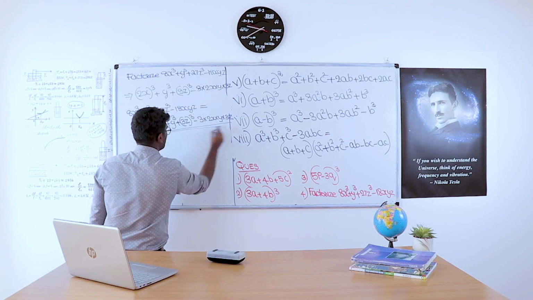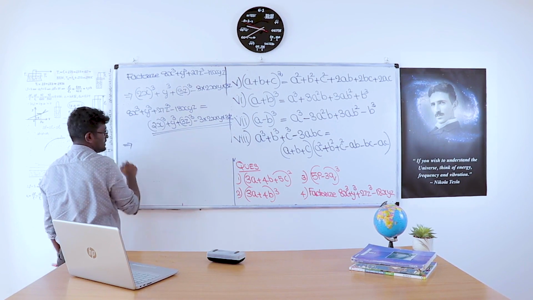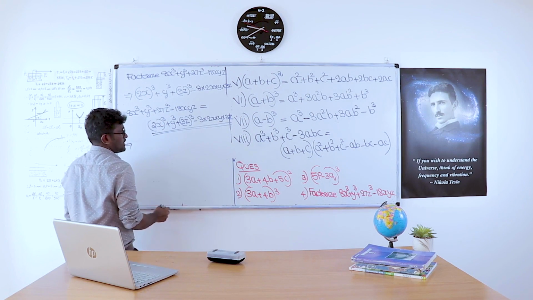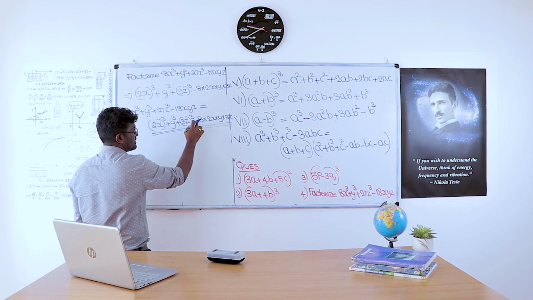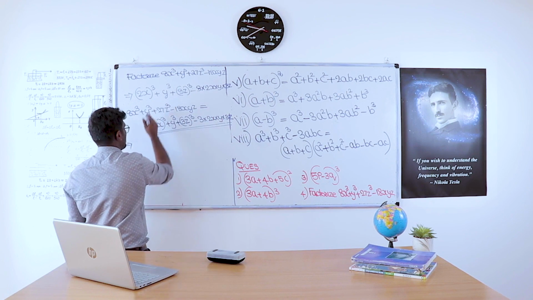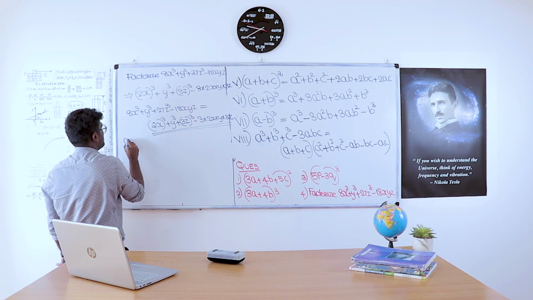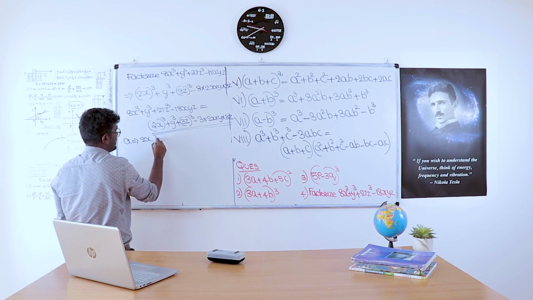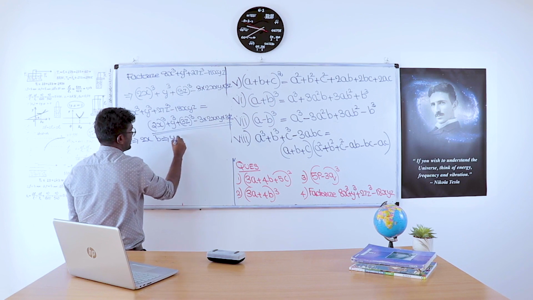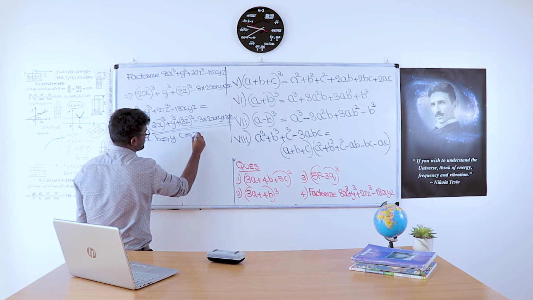So we can expand using this identity. This is in the format a cube plus b cube plus c cube minus 3abc, where a is 2x, b is y, and c is 3z.